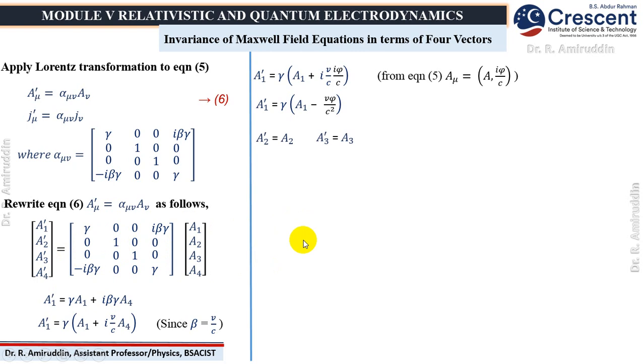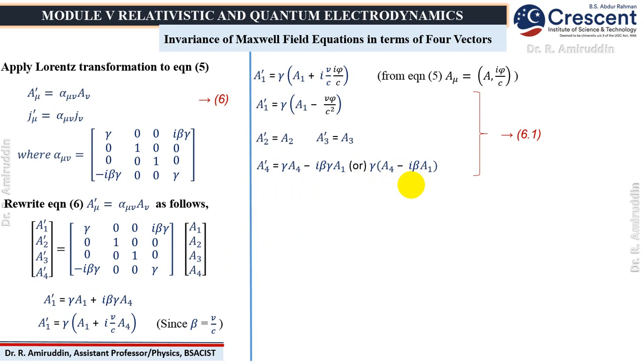So we do have A3 prime is equal to A3, ignoring the 0 terms. The last term, A4 prime is equal to minus I beta gamma A1 plus 0 A2 plus 0 A3 plus gamma A4. So we read this equation as A4 prime is equal to gamma A4 minus I beta gamma A1, or let us take the common term outside, that is gamma into A4 minus I beta A1.